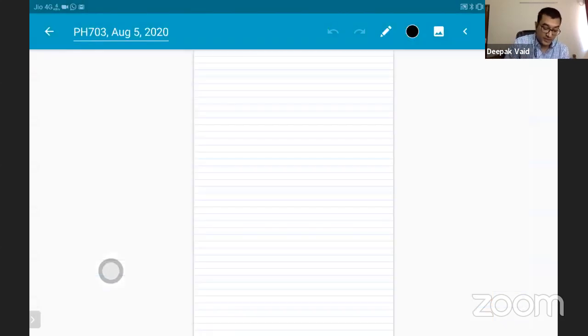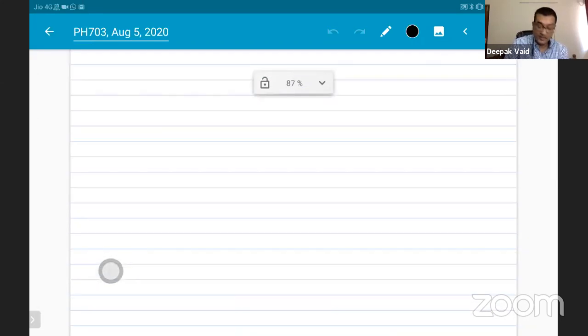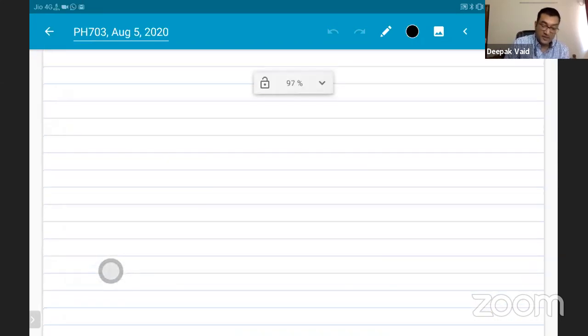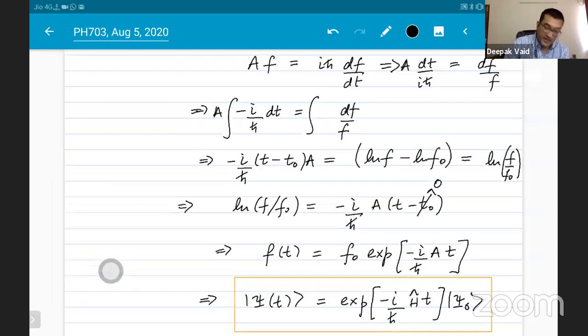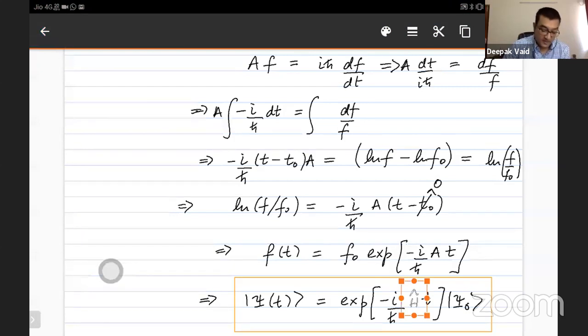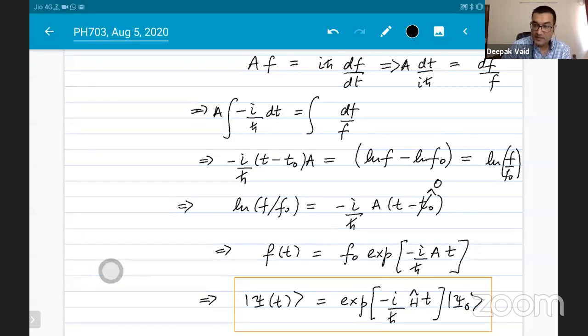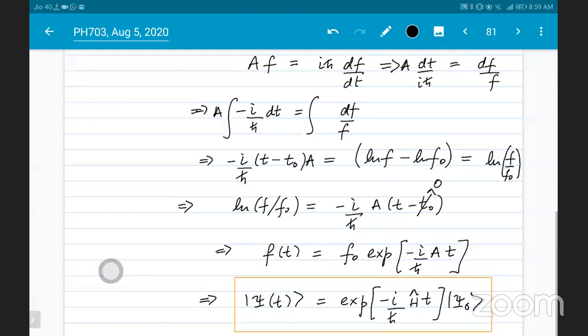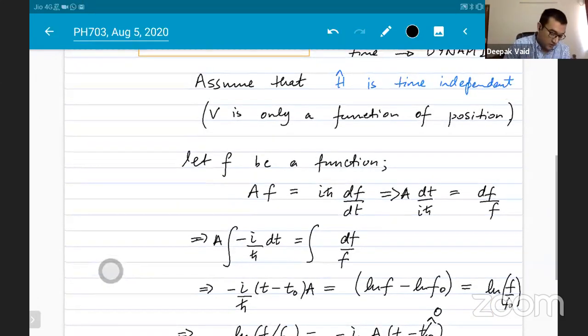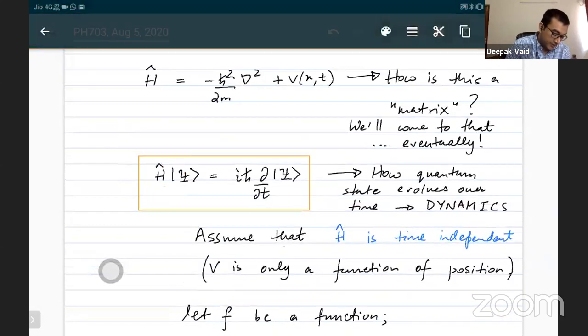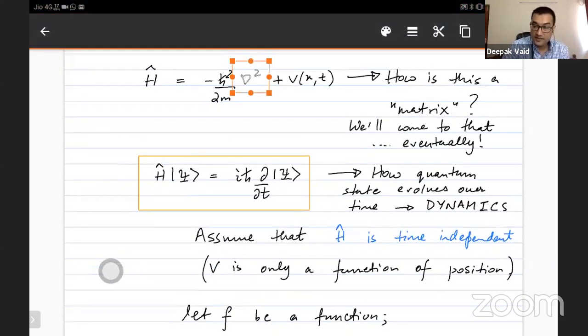This is not very surprising. You have the same thing in classical mechanics, right? Actually, when I say that this Hamiltonian is time independent, strictly speaking it is not completely time independent. Why is that? Because this Hamiltonian contains this gradient, and the gradient is a derivative with respect to position.